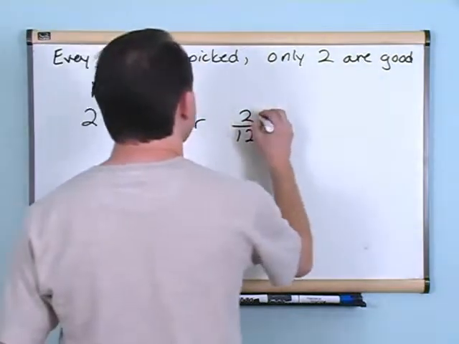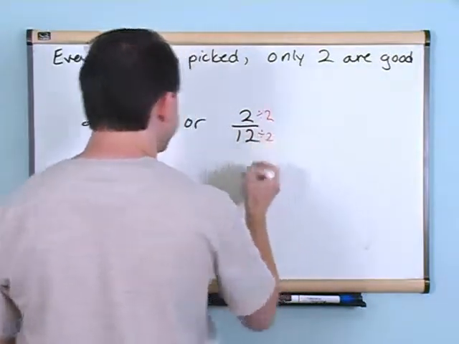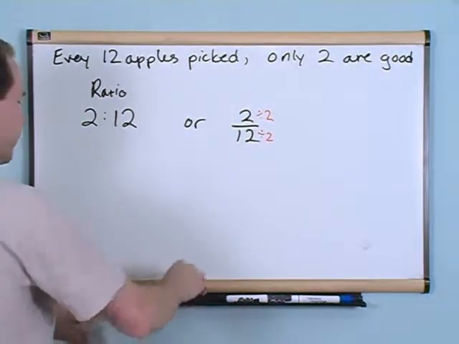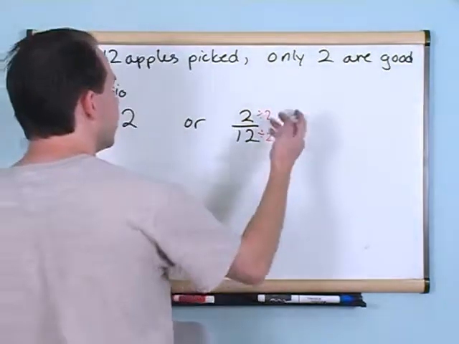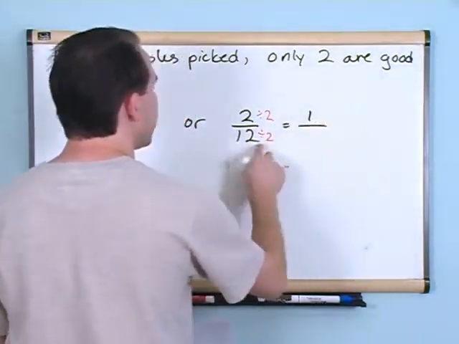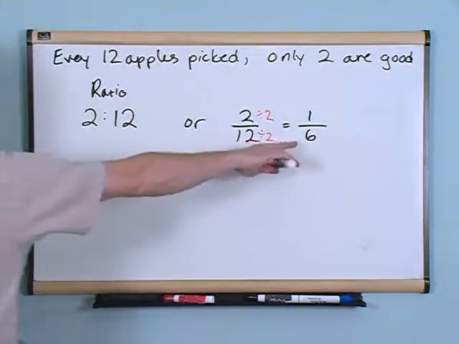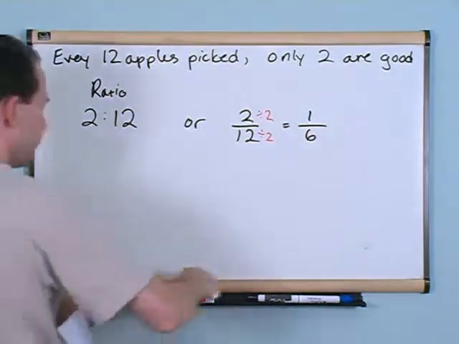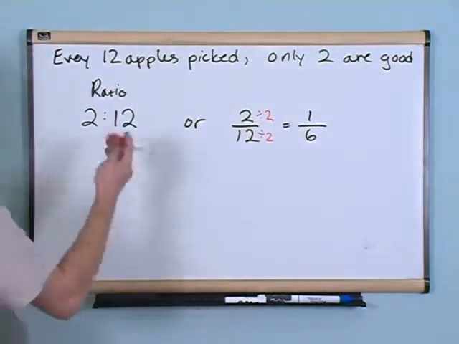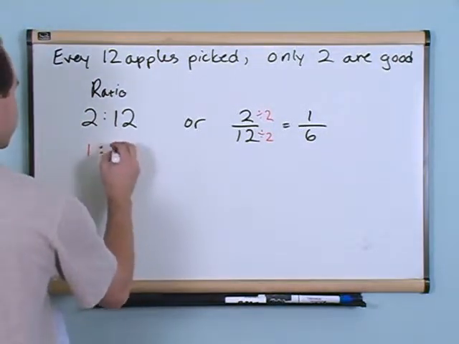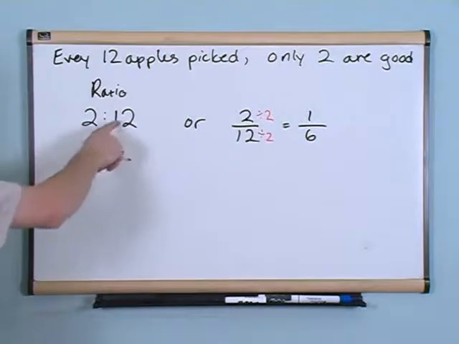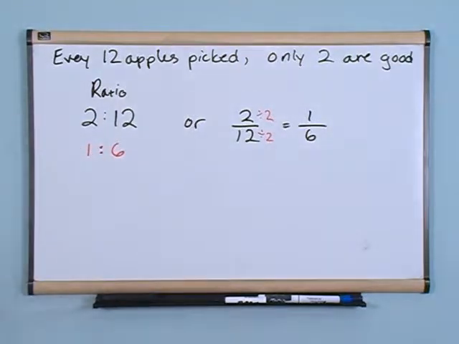We can divide the top by 2 and the bottom by 2. Okay, just like any fraction, nothing special. 2 divided by 2 gives you 1. 12 divided by 2 gives you 6. Okay? And so because this is the simplified version here, you can do the same thing over here. So this can be 1 colon 6. Just the same thing. 2 divided by 2 is 1. 12 divided by 2 is 6.